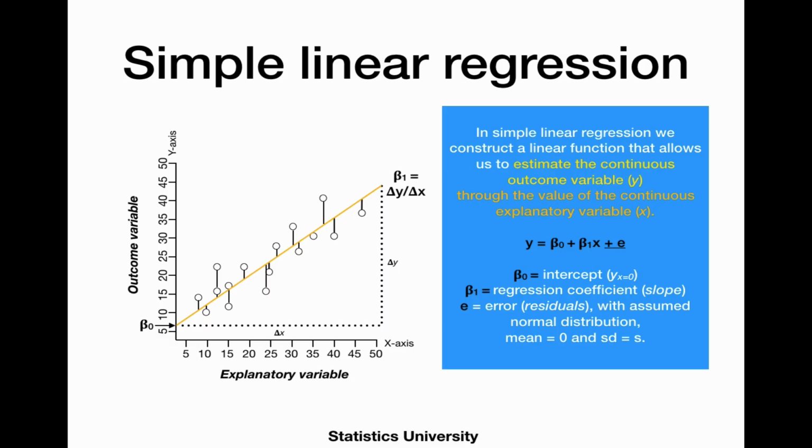And then we can also add the error function for the residuals, because the observed values never perfectly co-align with the predicted values as calculated through the linear regression equation. And we assume that these residual terms are normally distributed so that some of the observed values will fall above the linear regression line and some of them will fall below it.